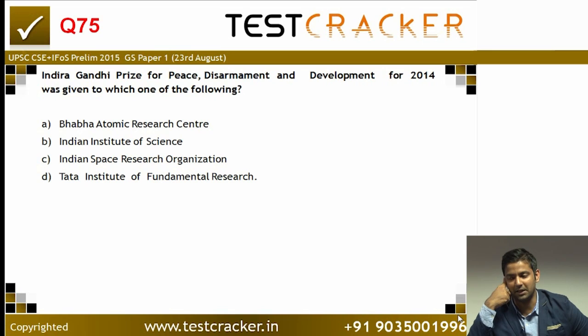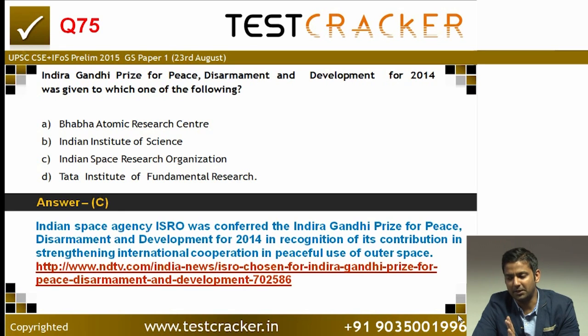BARC, Bhabha Atomic Research Center, Indian Institute of Science, ISRO, Indian Space Research Organization, and Tata Institute of Fundamental Research. And probably you would have thought that ISRO has been doing a lot of good things, so maybe it deserved this award more than others, or the better way would have been to remember this. The answer is indeed Indian Space Research Organization.